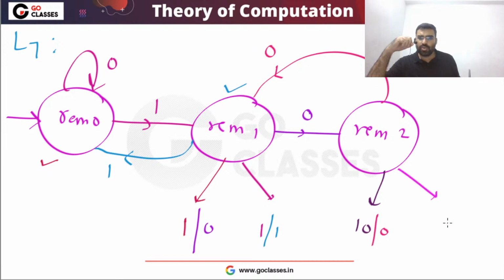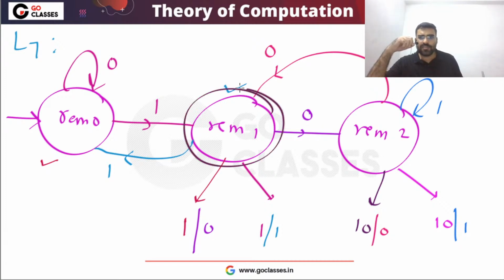If you give me 1, the decimal value is 5, and the remainder will be 2. This is your DFA. That's it. And this will be the final state. Very simple. Anyone has any doubt in this?